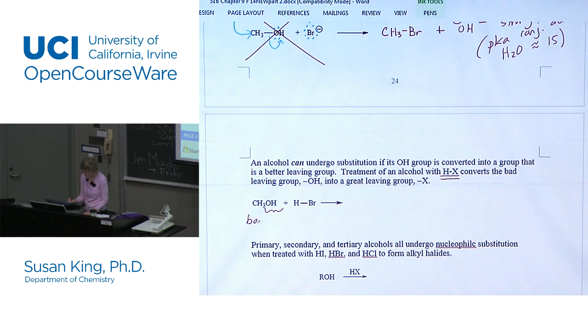Bad leaving group. And let's repeat what we had on the previous page. The pKa of the conjugate acid, H2O, is about 15. And if we treat this with HBr, we can actually convert this into methyl bromide, and the side product is water.